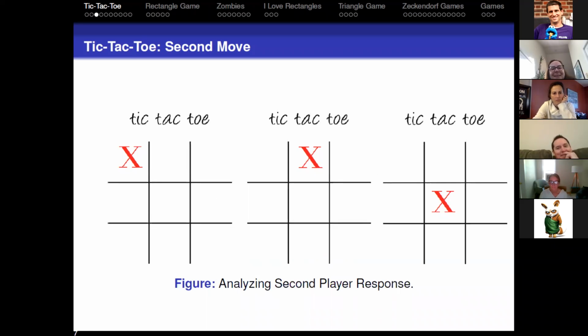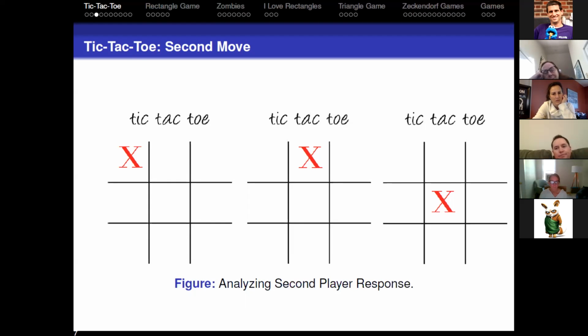So can somebody give me one possible response? The middle square there. Right, and nothing is symmetric to that. So that's one response. And in the corner down here, there's nothing like that. That's 2 responses. Where else would you go?